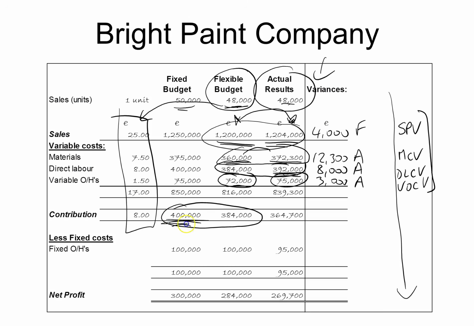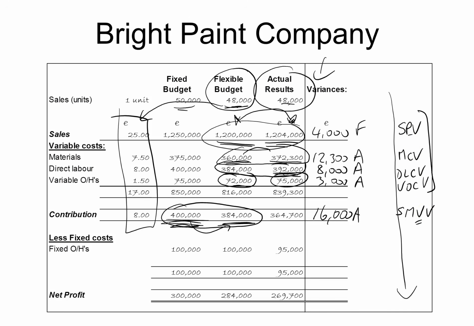So the difference between the 400,000 here and the 384,000 here is being caused by the change in volume. So the figure there is 16,000. The contribution has fallen, so that's an adverse variance, and we could call that our sales margin volume variance. So up to here was all price or cost variances. Now we have a volume variance.